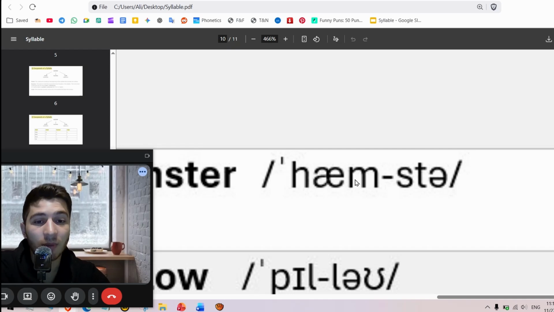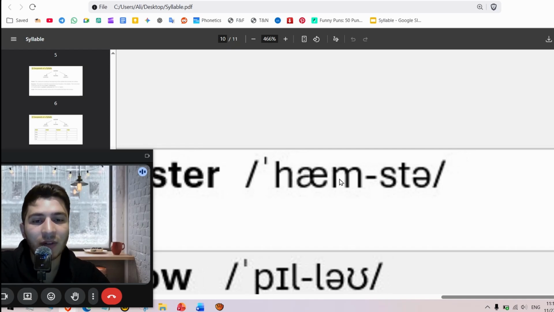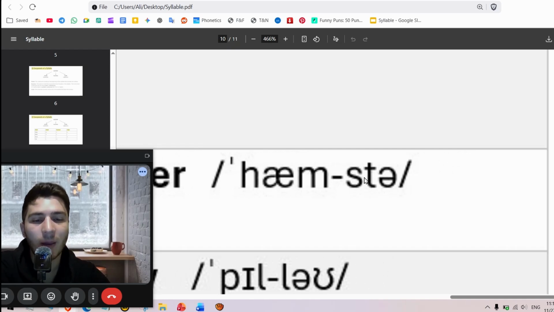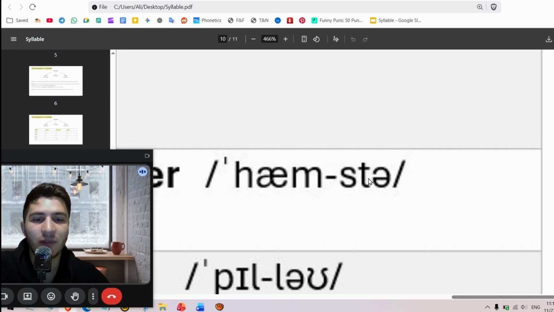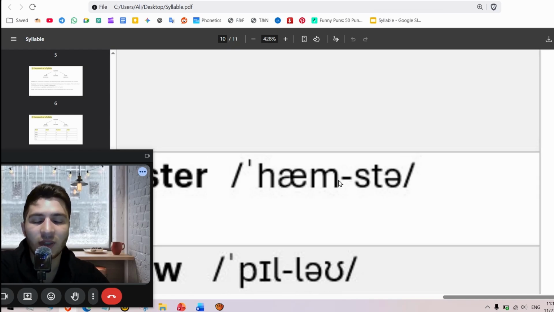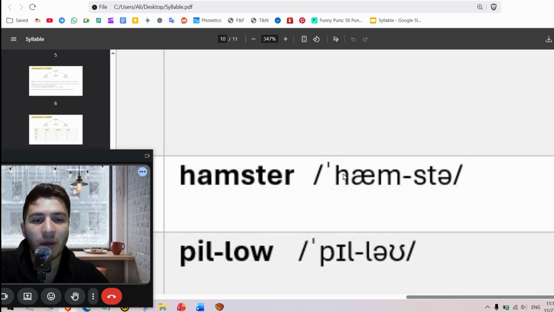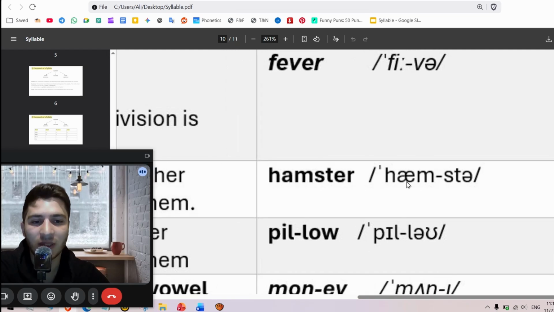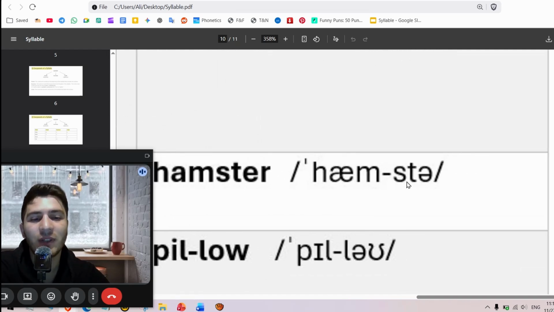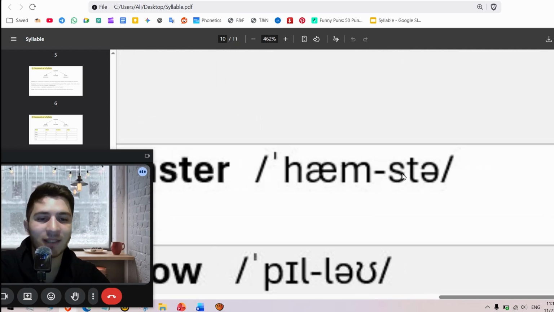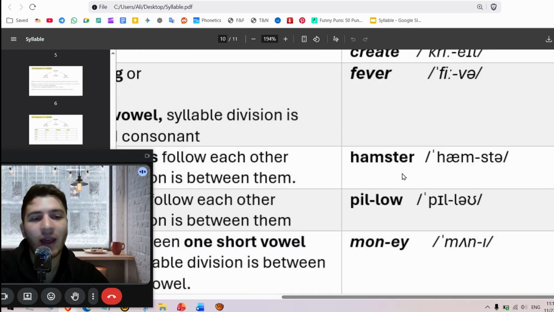For example, we can see a right before m, but we can see a not right before s. There is another consonant between them, but still this is counted as two consonants between two vowels. That's why we will apply our third rule of syllable division, and the syllable division is going to be between m and s. That's why we will say it like ham-ster.